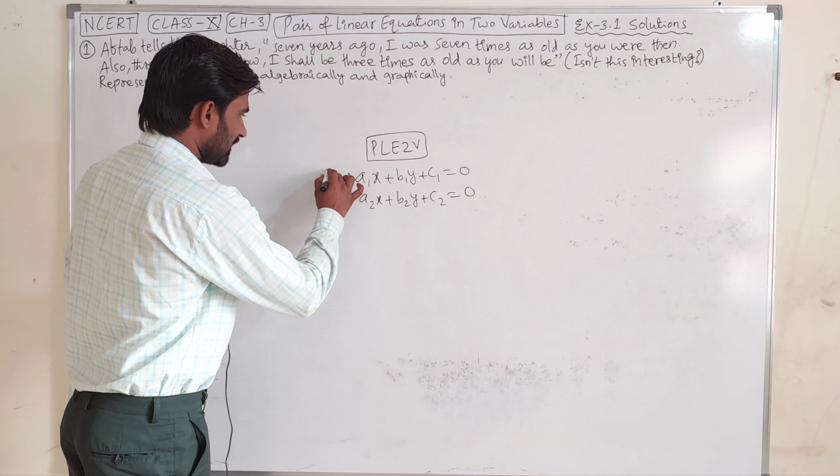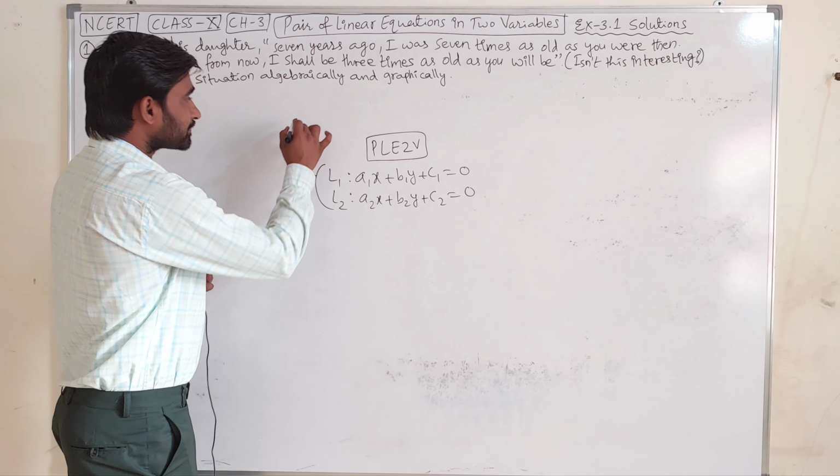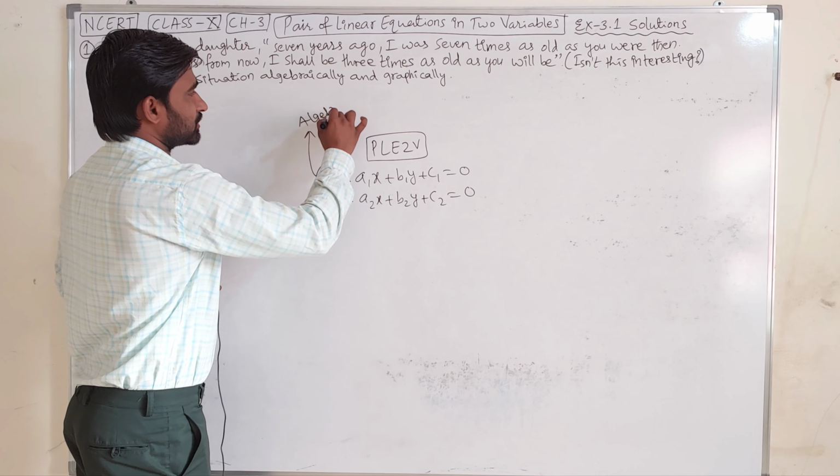So this one we can write as line 1 and this one as line 2. So this representation is called algebraic representation.